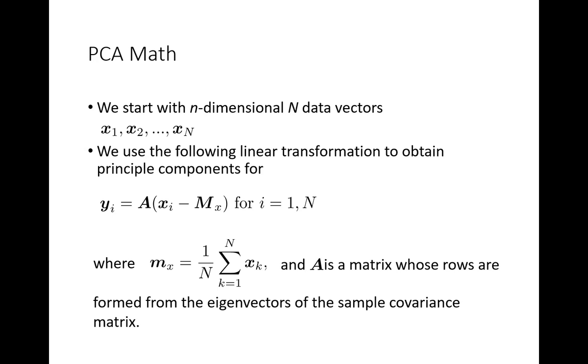PCA is obtained through a linear transformation, defined in this equation: y sub i is the transformed vector corresponding to x sub i, and y sub i is obtained as matrix A multiplied with x sub i minus m sub x.